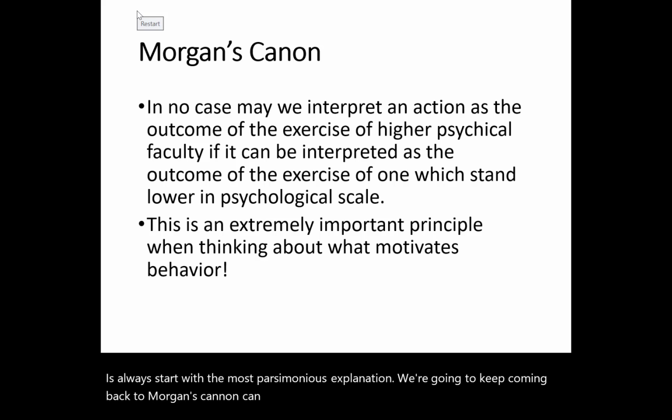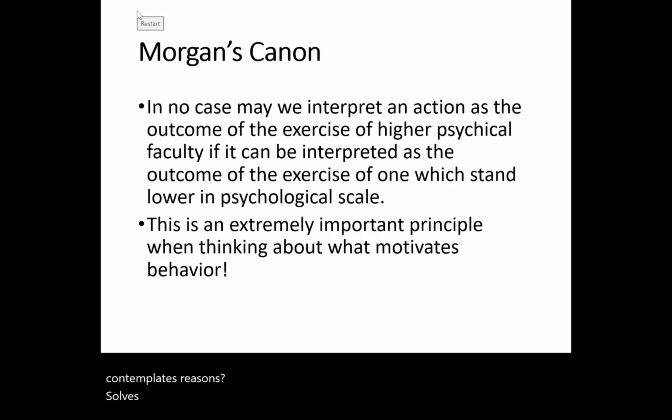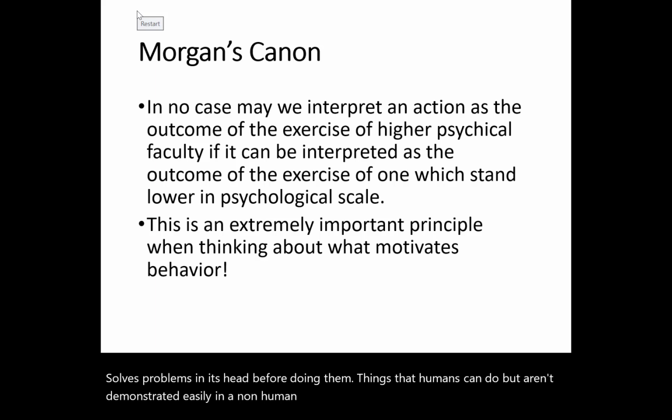Can we explain this behavior without having an animal that contemplates, reasons, solves problems in its head before doing them? Things that humans can do, but aren't demonstrated easily in non-human animals. When we fail to do that, to explain it with simple, then move up, then go to a more complex thing, and we will.